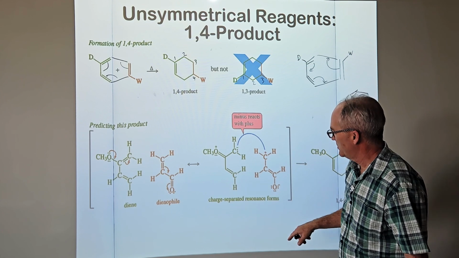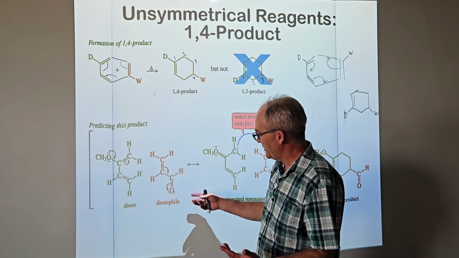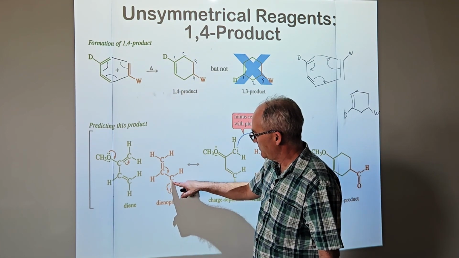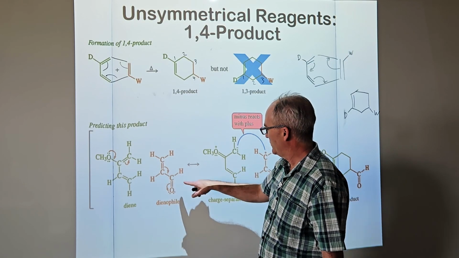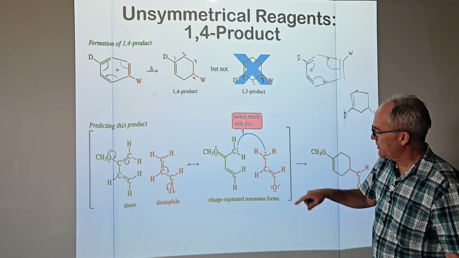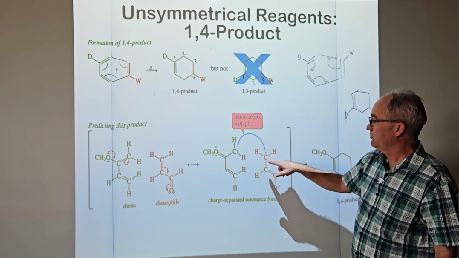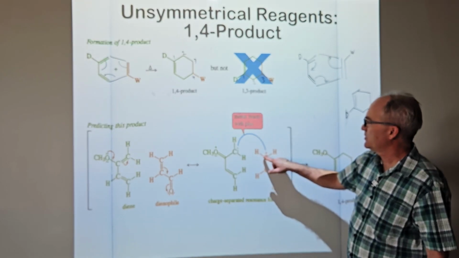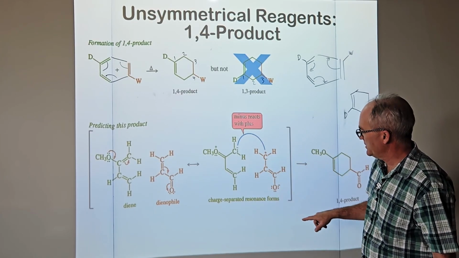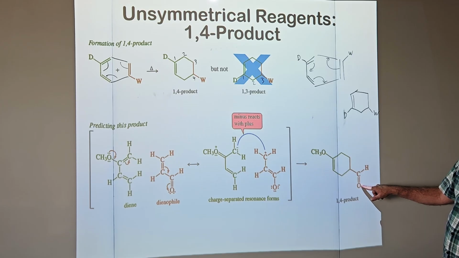Hopefully you could get to this. Then over here you might say, well, what am I going to do? I can't move those back. You can make these jump up. Probably put a carbocation there. Then you can probably move that over there. See, that puts the carbocation up there. So like charges repel each other, but opposites attract. So the minus reacts with the plus, and we get the 1,4 product.